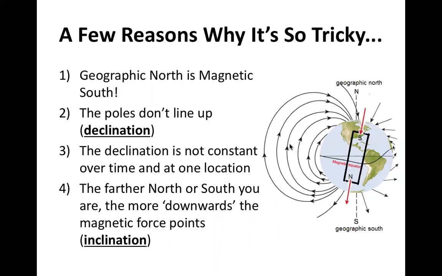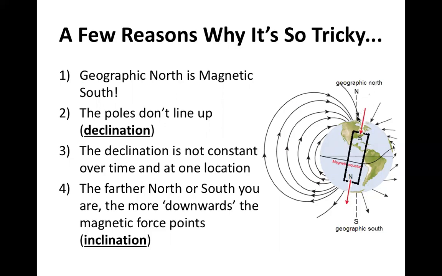Like poles repel. So the north end of the compass needle is attracted to up here because it's acting like the south pole of the bar magnet. So Earth's magnetic south pole is Earth's geographic north pole, where Santa is. But it's a little bit more complicated than that.